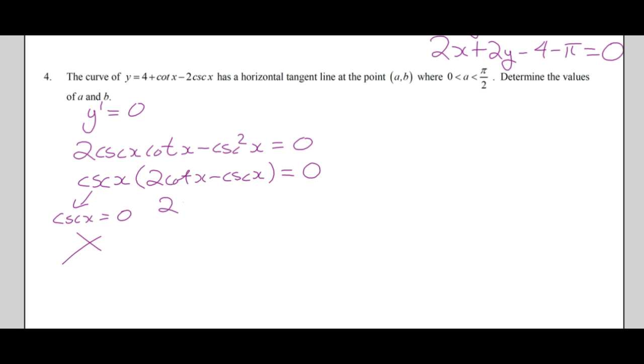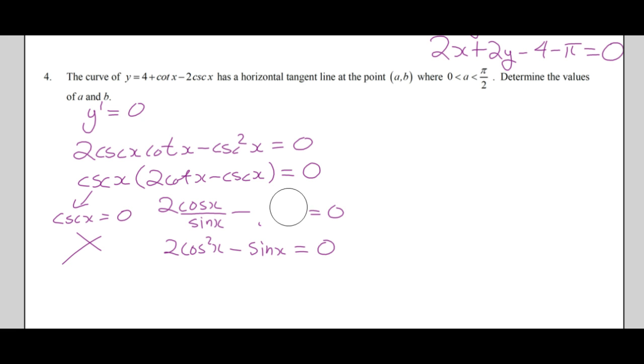What's cotangent? So 2 cos x over sine x minus 1 over cos x is 0. We need a common denominator. Actually, we can multiply everything by sine x cos x. Oh, sorry.